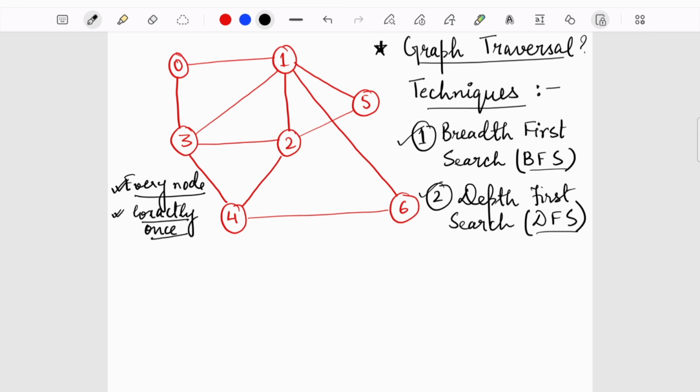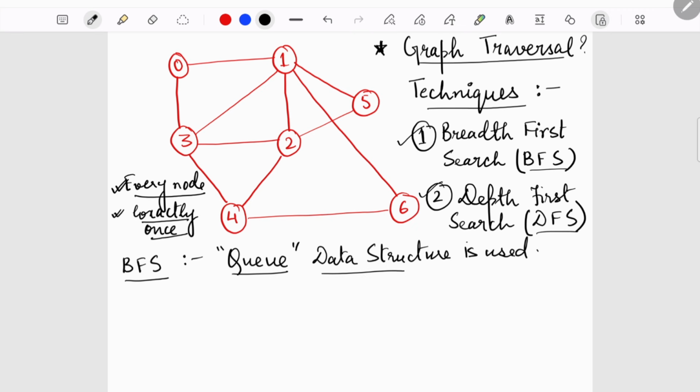Now see, if we talk about BFS, you have to remember that for this a queue data structure is used. Now do you remember what a queue data structure is?